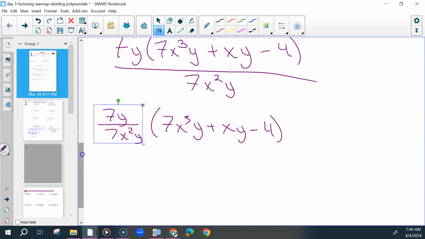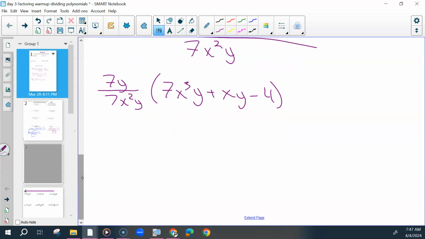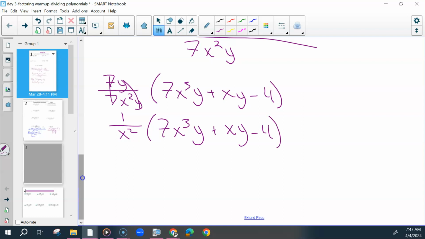So if we divide out that fraction, how would that simplify? We would just have x squared. The 7 and the y would cancel, but the x squared would stay in the denominator. And when you get something like this, you're going to have to multiply that 1 over x squared back.